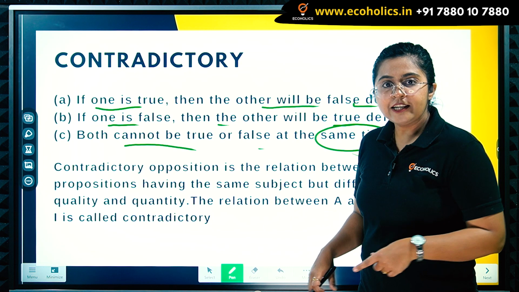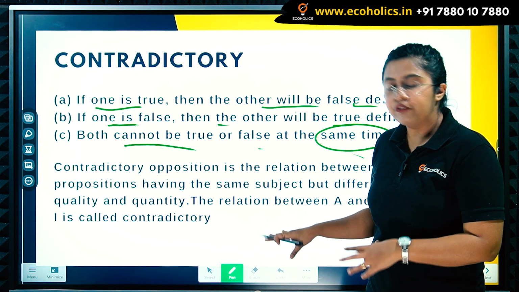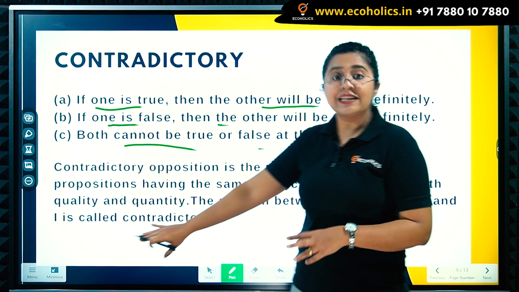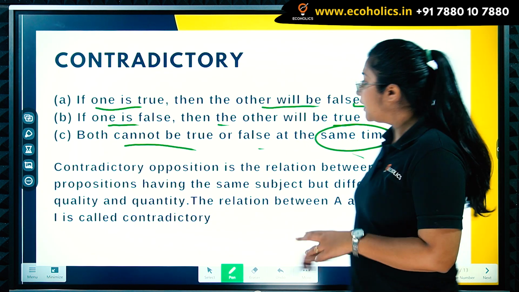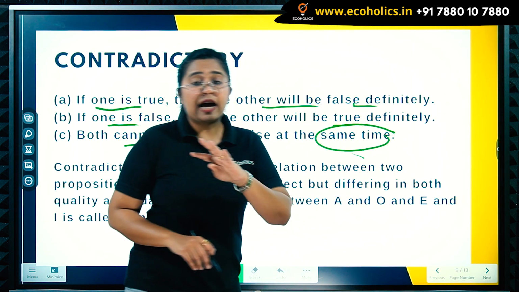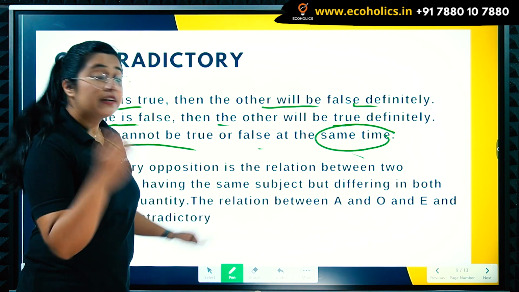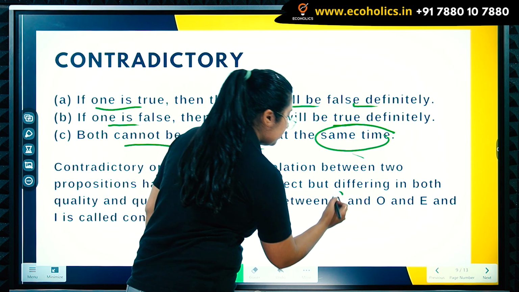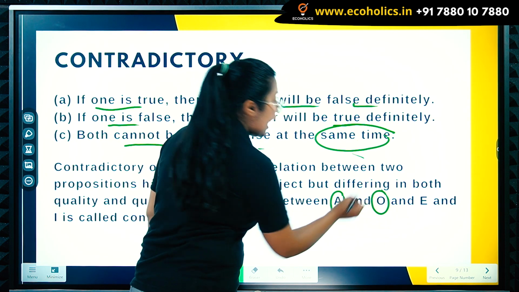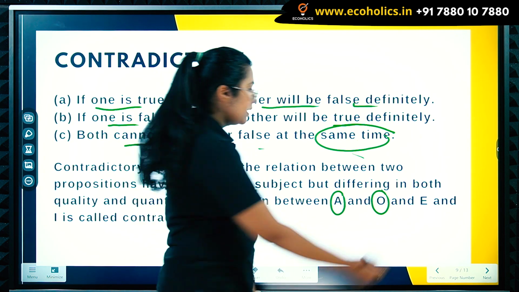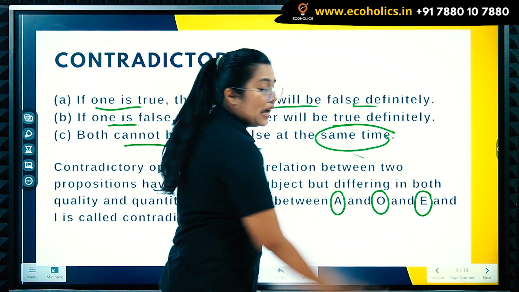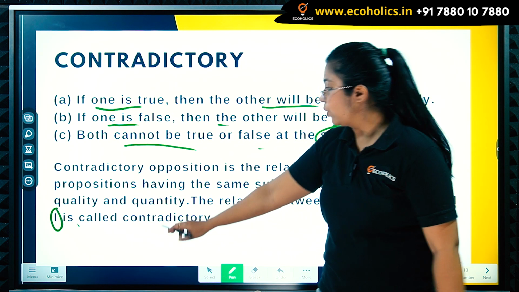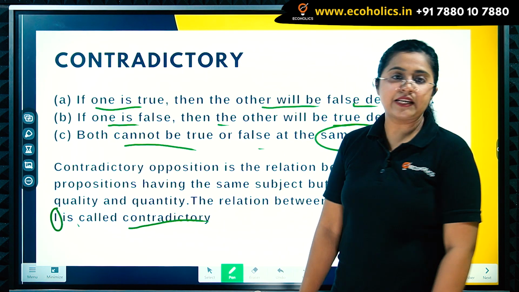Now, to understand this more carefully, let's talk from the perspective of an example. When we talk about the four types of sentences that we did in the previous lecture, we have A and O type of sentences and E and I type of sentences, which are known as contradictory sentences.